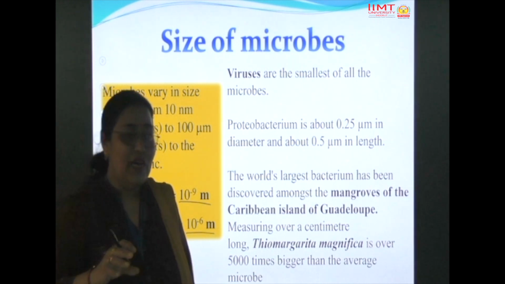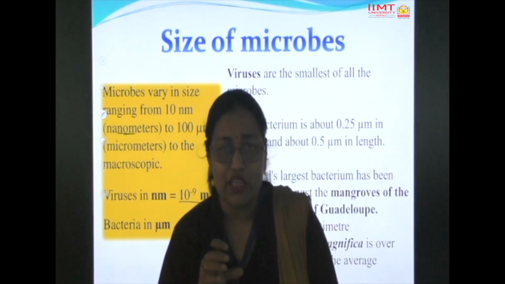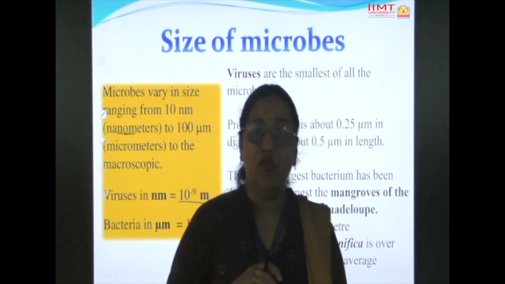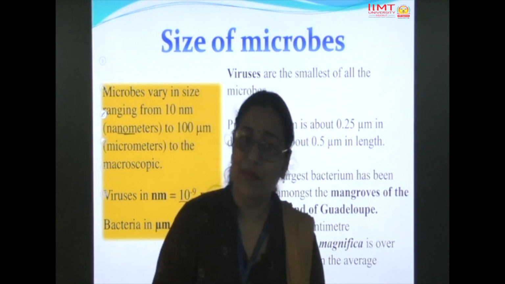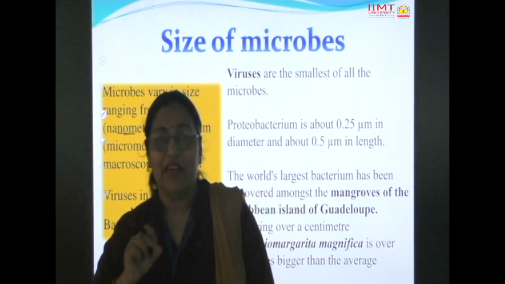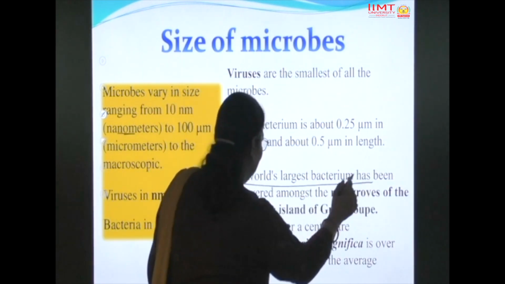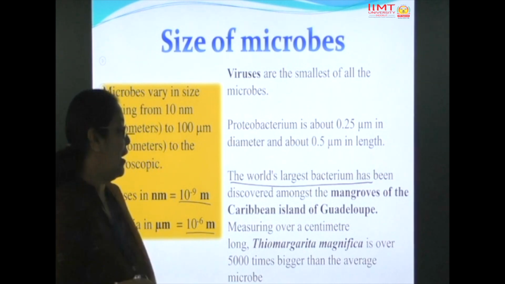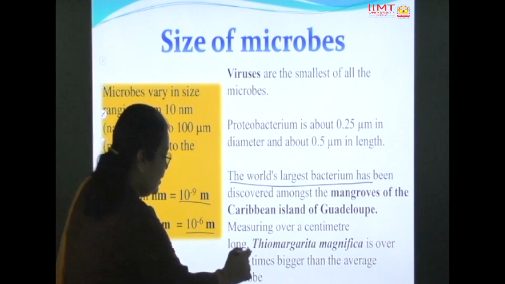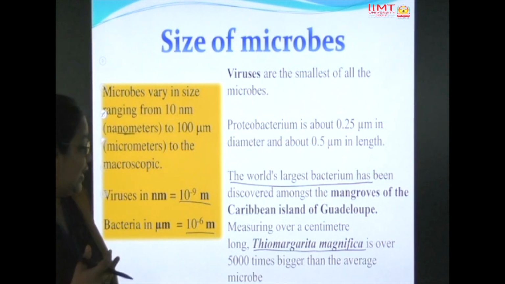Microbes are very tiny particles, but some are large enough to be seen by the unaided eye, though it is very difficult to study them. The world's largest bacterium, discovered among the mangroves of a Caribbean island, is Thiomargarita magnifica. This organism is 500 times bigger than the average size of a microbe.